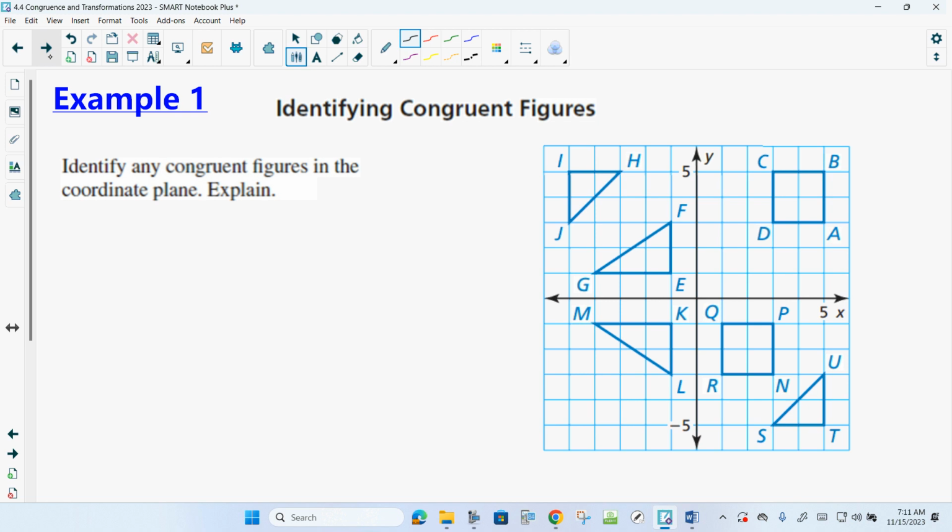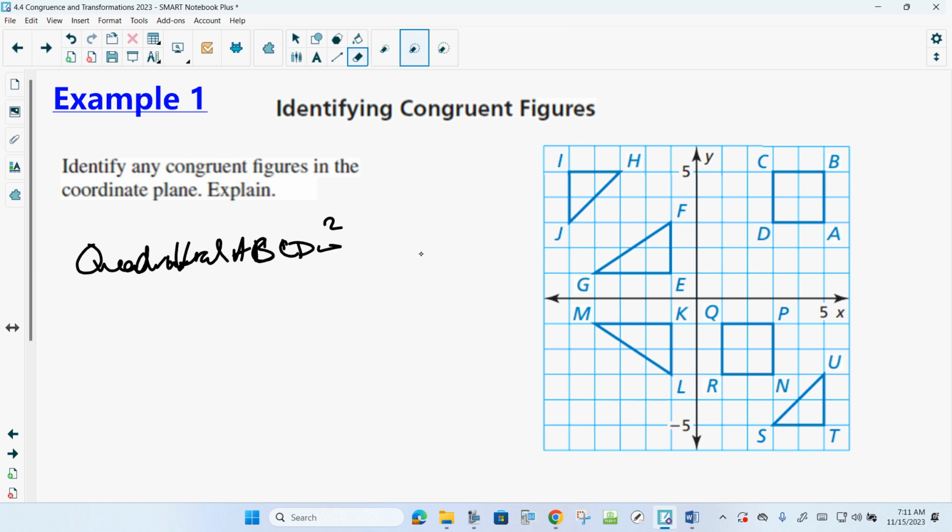So quadrilateral A, B, C, D is congruent to quadrilateral N, P, Q, and R. I'm having a little issue here. There we go.